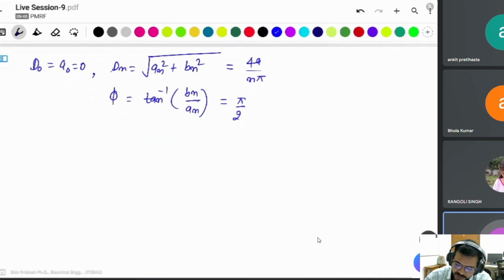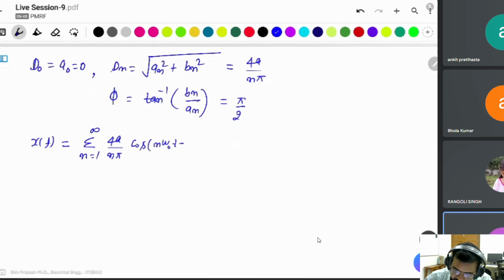Then the polar form representation of the Fourier series for this function is x(t) equal to the sum, with d₀ equal to 0, for n equal to 1 to infinity, dₙ equal to 4A by nπ, times cos of (nω₀t minus π/2).